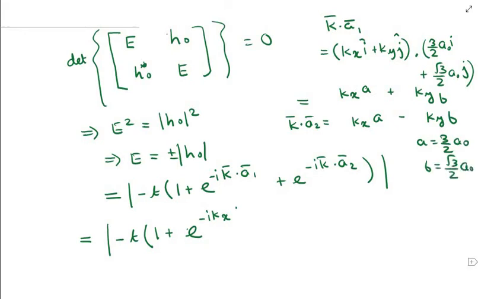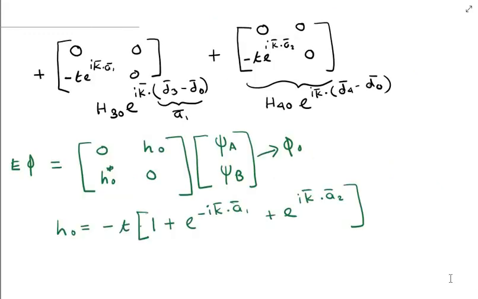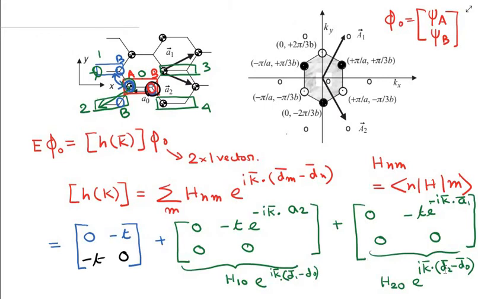And just remember that a0 is our unit length. So a0 is this distance over here. In case you don't remember, let me remind you, this distance is a0.